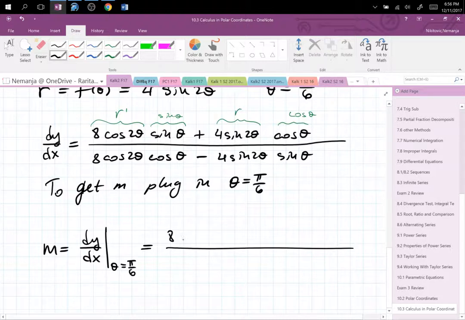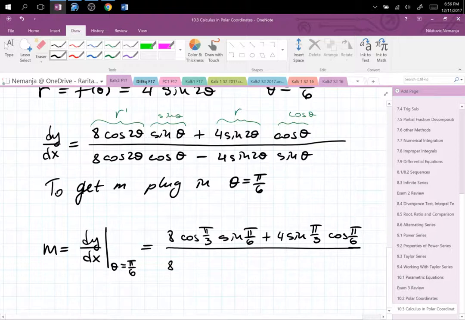I have 8 cosine of pi over 3, because it's double, pi over 3, times sine of pi over 6, plus 4 sine of pi over 3 times cosine of pi over 6, divided by 8 cosine of pi over 3 times cosine of pi over 6, minus 4 sine of pi over 3 times sine of pi over 6.